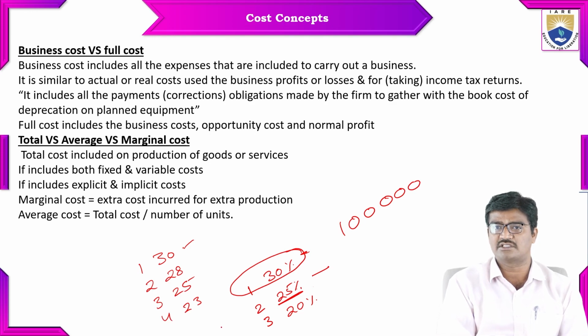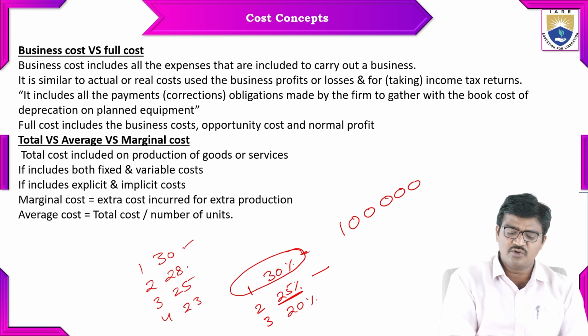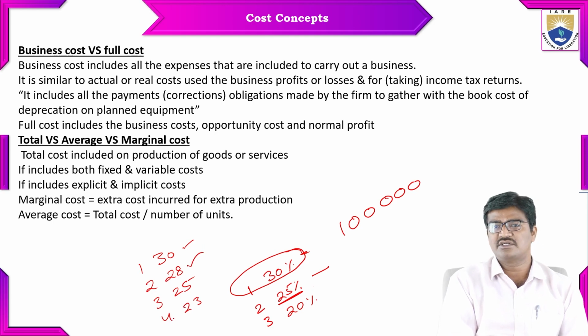In the second year you get only 28% of return, and you compare this with the 25% opportunity cost. 28% is more than 25%, so your selected decision is still giving a better return than the opportunity cost.